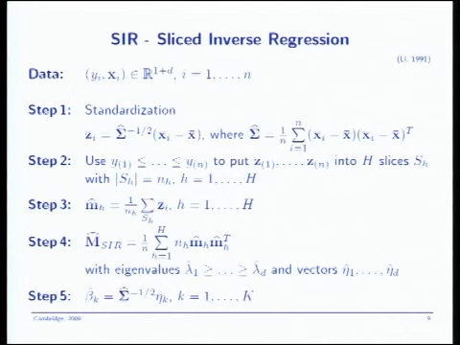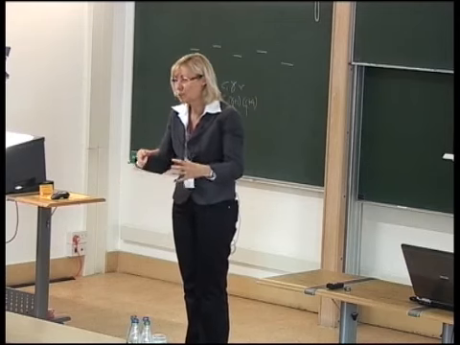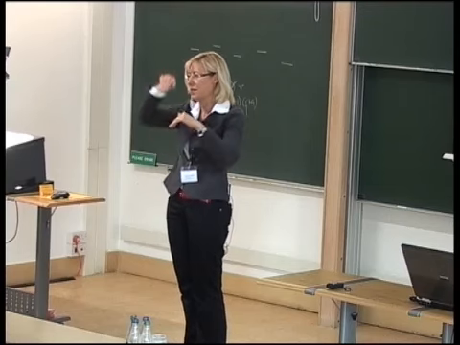A first step is a very usual one. You just standardize your X observations, and then you look at the ordered Y values and kind of put them into slices. And then for each element within each slice, you go down into your predictor space and collect the corresponding X values belonging to the observations in a slice.